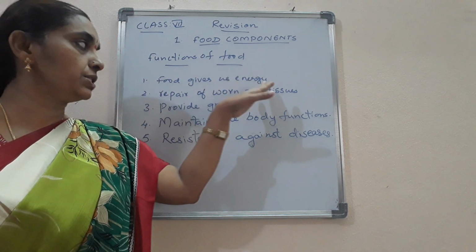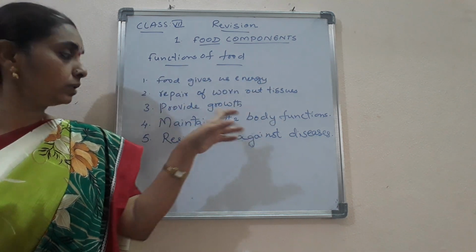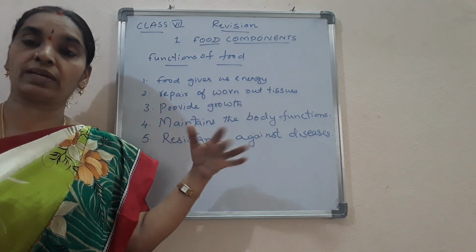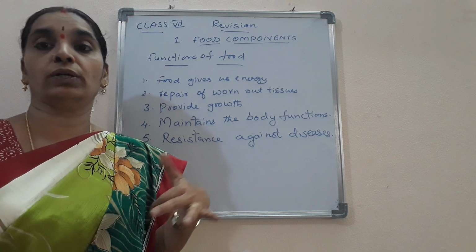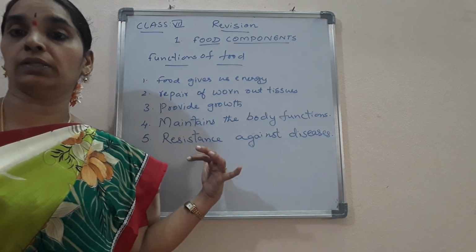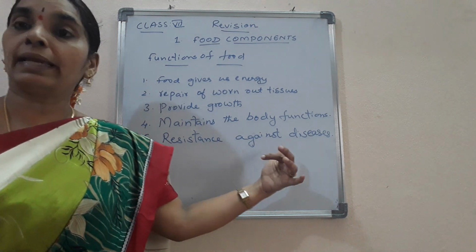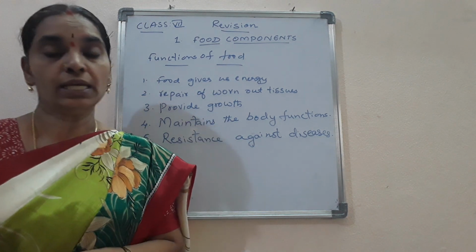Food gives us energy, helps in repair of worn out tissues, provides growth, and maintains the body functions. Various metabolic activities of the body are carried out through the energy that is produced by the food, and it helps for resistance against diseases. So these are the main functions of the food.